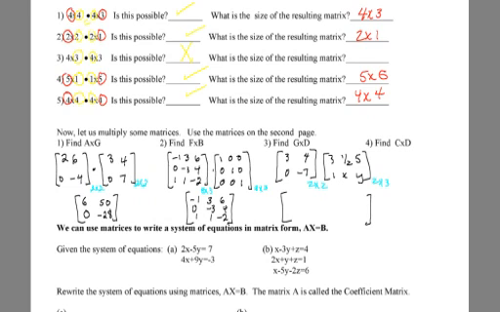So let's go row, column. This row by this first column. 3 times 3, 9. 4 times 1 is 4. So 9 plus 4 will be 13. Now let's go first row times the second column.